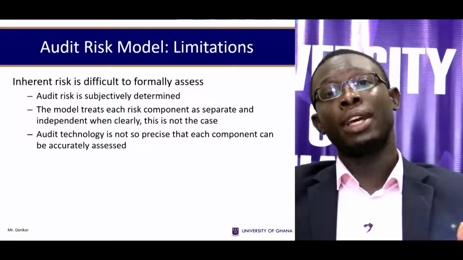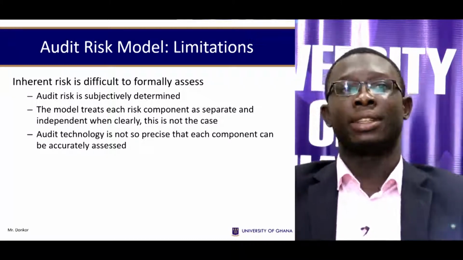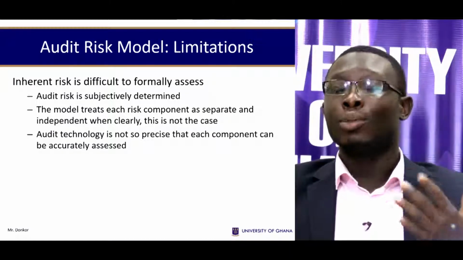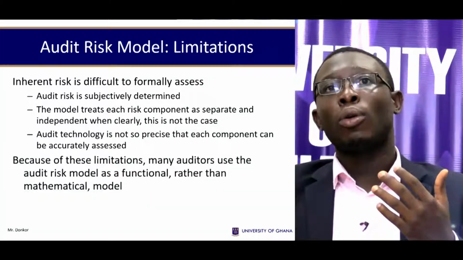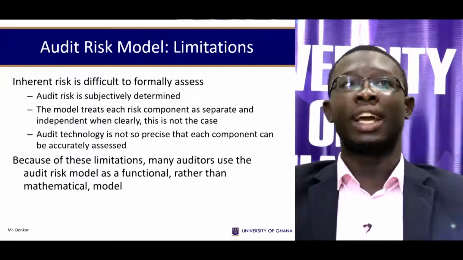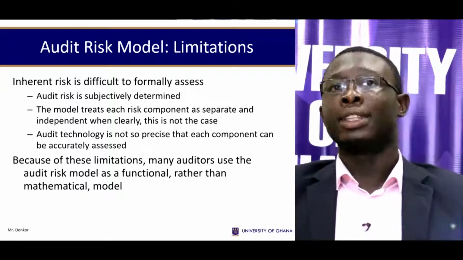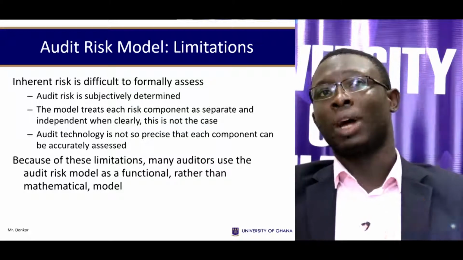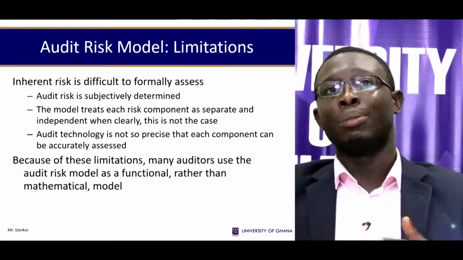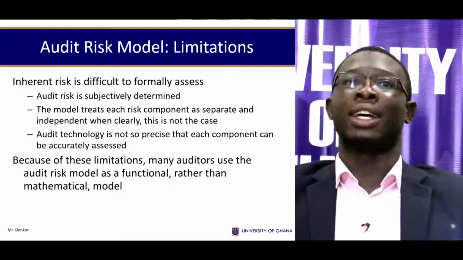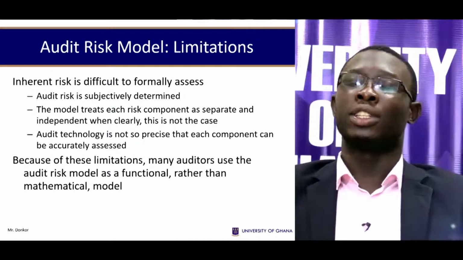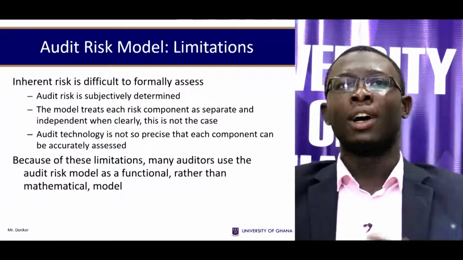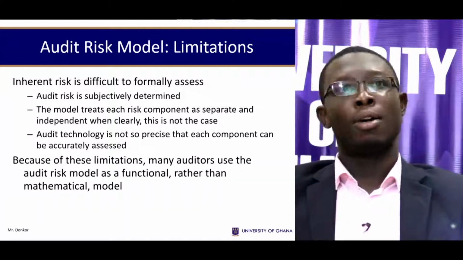We already said that the inherent risk is embedded in the transactions and activities of the entity. The model treats each risk component as separate and independent when clearly this is not the case. Audit technology is not so advanced that each component can be accurately assessed. Because of these limitations, many auditors use the audit risk model as a functional rather than a mathematical model.